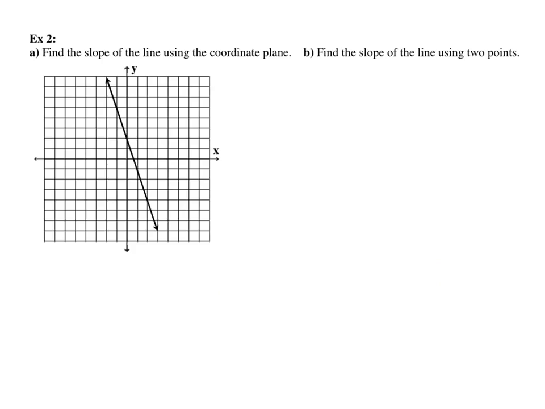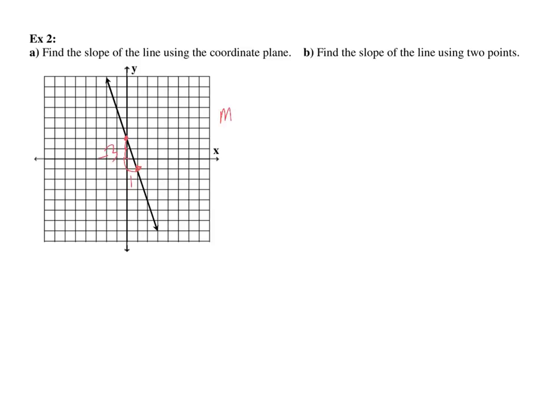Example 2, find the slope of the line using the coordinate plane. Same deal as before. Find a lattice point. There's one, and there's another right here. So here I'm going to go down 3, that's negative 3. I'm going to go right 1.